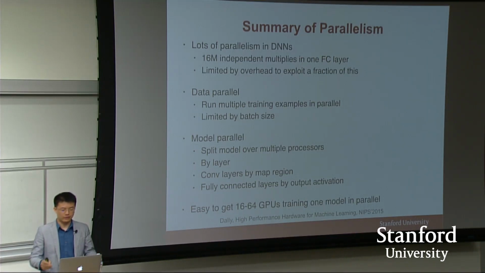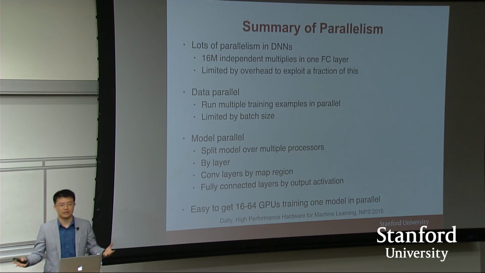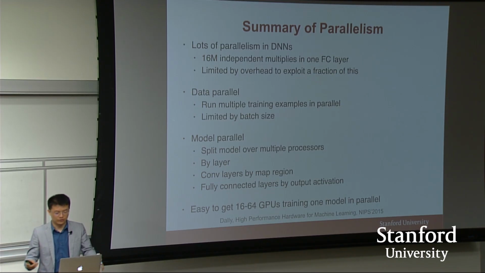Okay, a small summary of the parallelism. There is lots of parallelism in deep neural networks. For example, the data parallelism. You can run multiple training images, but you cannot have an unlimited number of threads or processors because you're limited by batch size. If it's too large, stochastic gradient descent becomes gradient descent. That's not good.